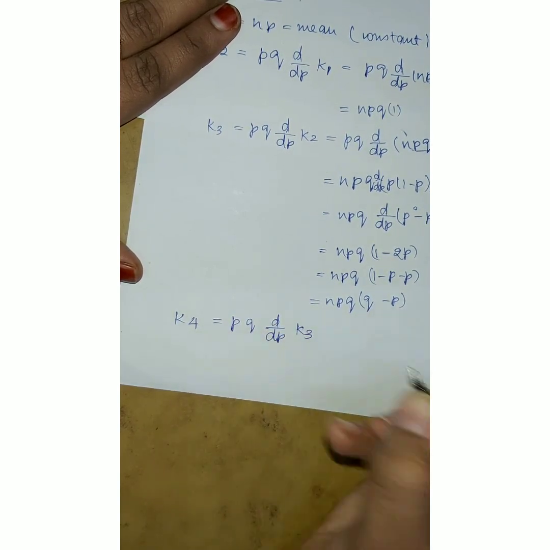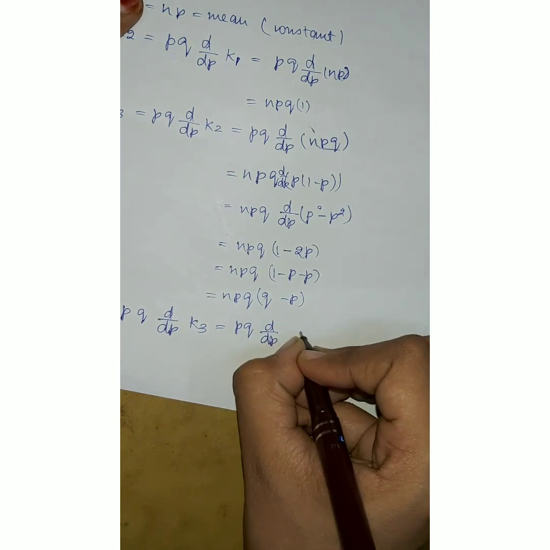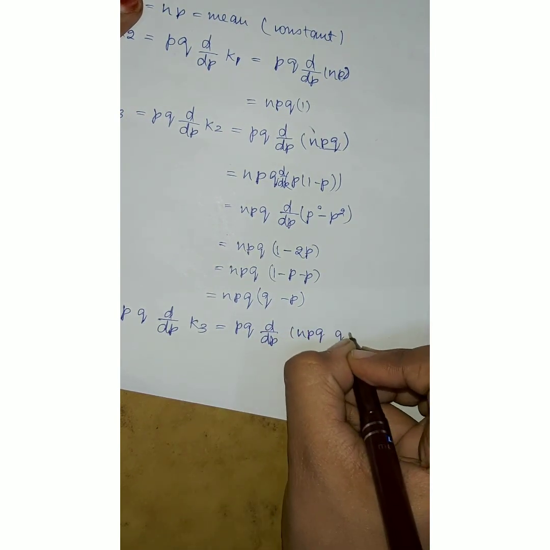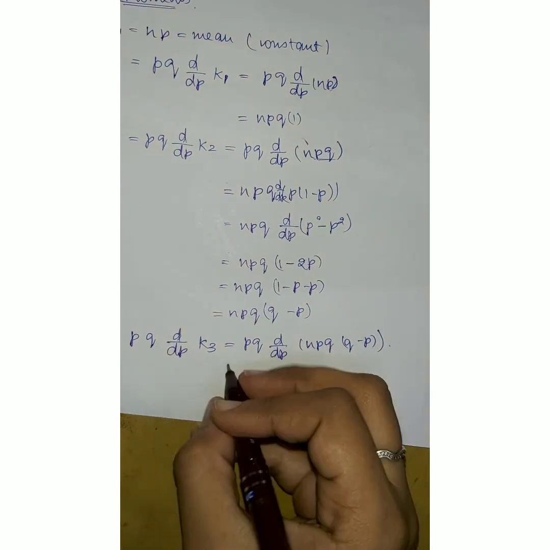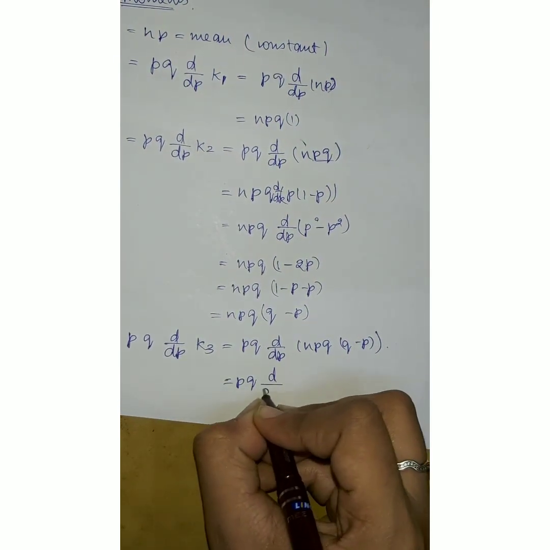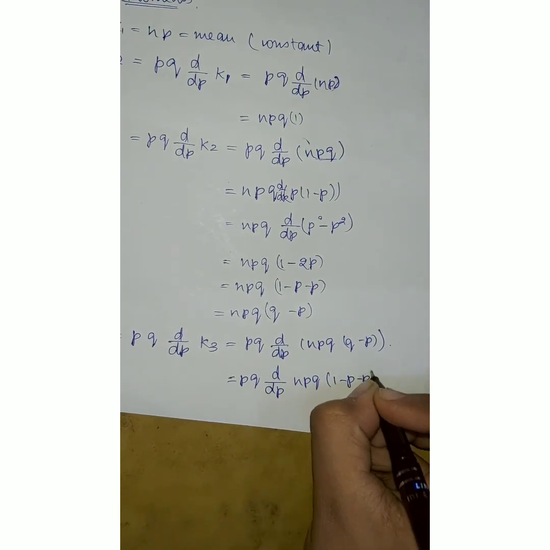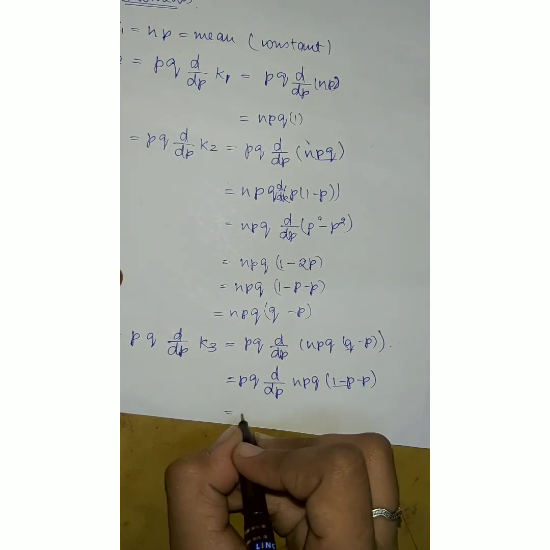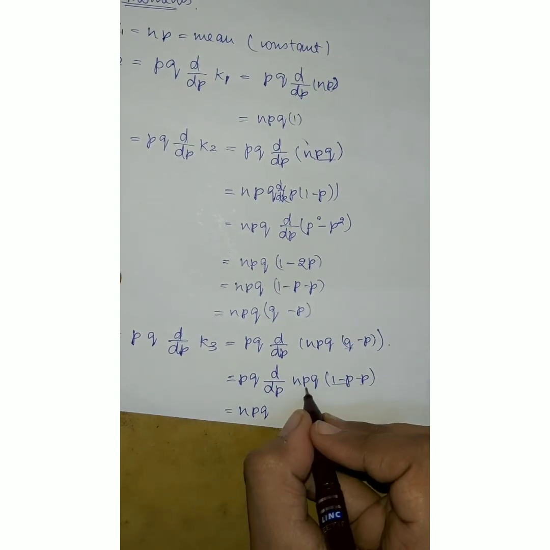Finally, K4 is equal to pq into d by dp of K3, that is nothing but pq into d by dp of npq into q minus p. This is equal to pq into d by dp of np. Instead of q, writing 1 minus p, then taking n common outside gives you npq into d by dp.